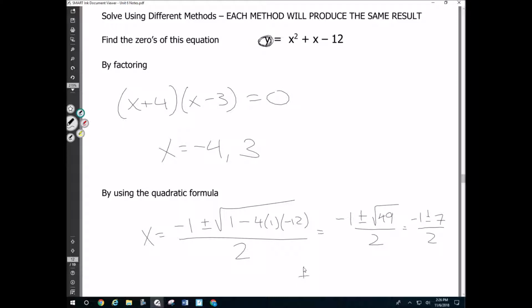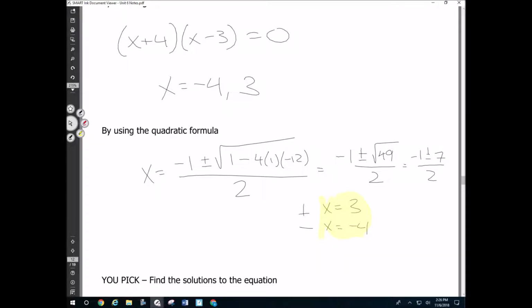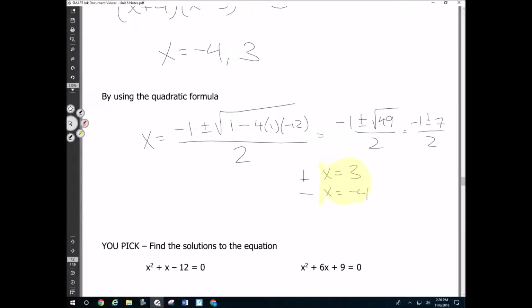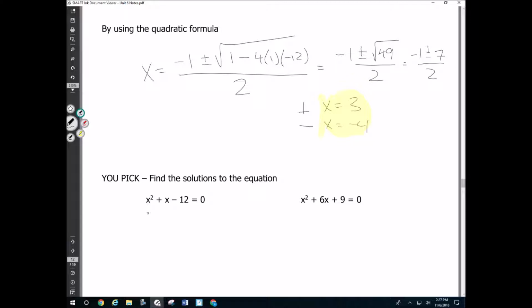We have the positive, we'll have the negative. -1 plus 7 is 6 over 2, 3. -1 minus 7 is -8 over 2, -4. You get the same solutions no matter which technique you use. Moving forward, it is up to you to use the correct technique. Okay? These two, I'd recommend you just factor.